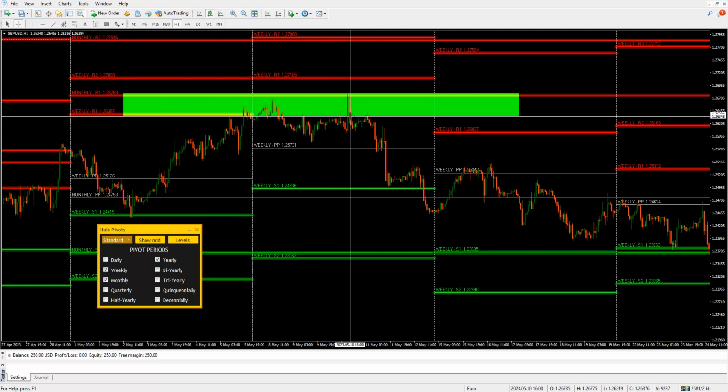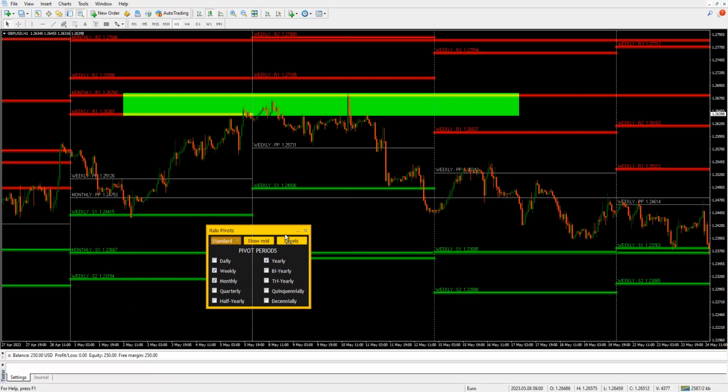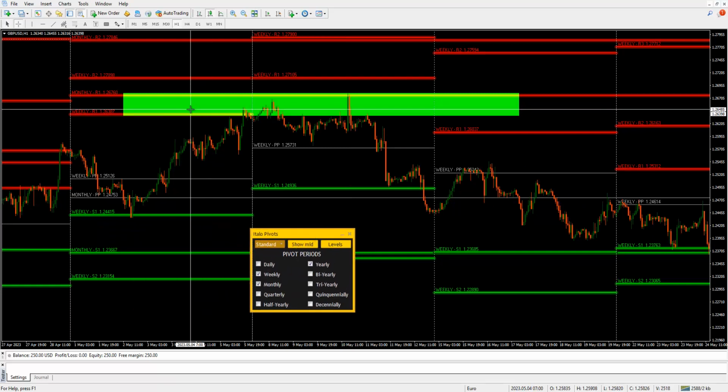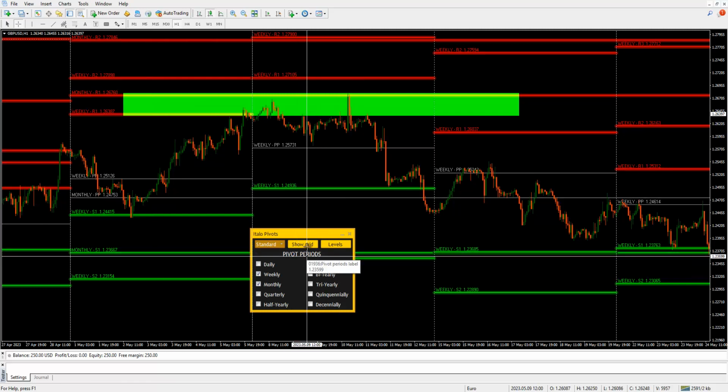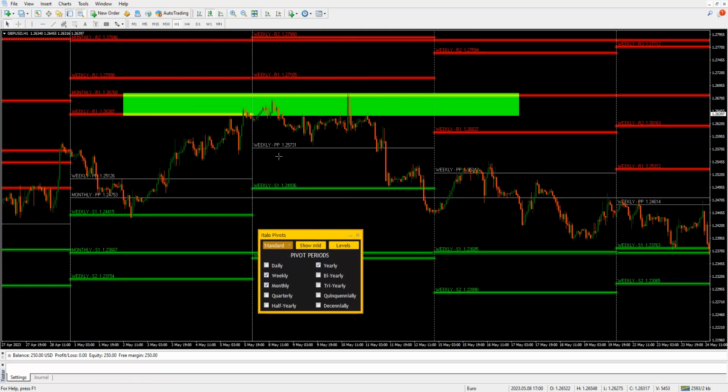They were too strong, and then the market went down a lot, more than 2,000 points. So you can use the combination of 2 or 3 pivot periods here to trade inside the zone.